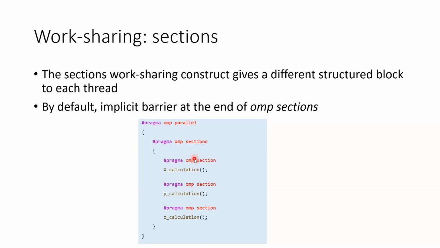So here, three threads will each pick one function and run it. And by default, once you reach the end of the sections, you have an implicit barrier, just like parallel for; all threads will wait at this point of the sections construct. Simple, nothing fancy.